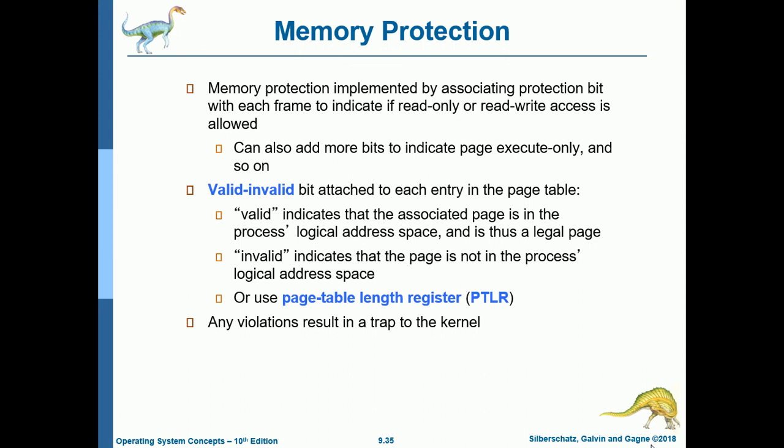Valid indicates that the associated page is in the process logical address space and is thus a legal page. Invalid indicates that the page is not in the process logical address space. Or we could also use the page table length register, or the PTLR. Any violations result in a trap to the kernel.